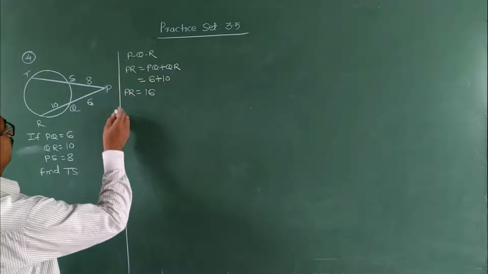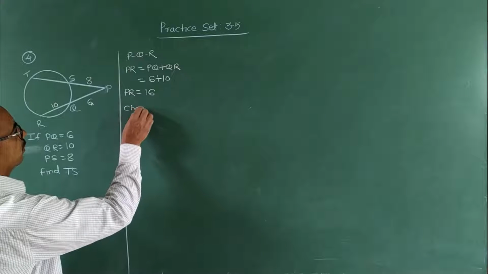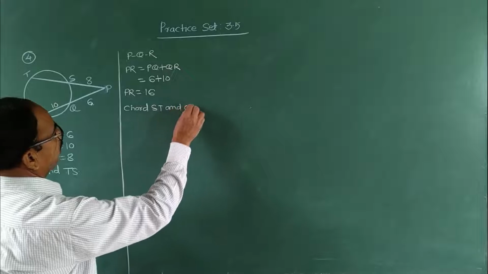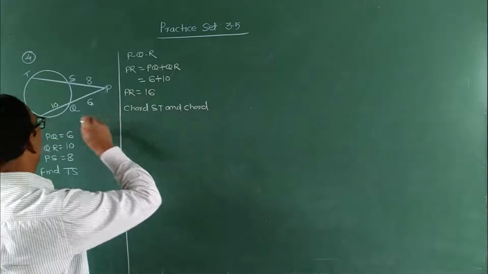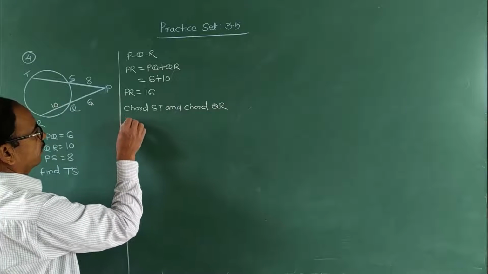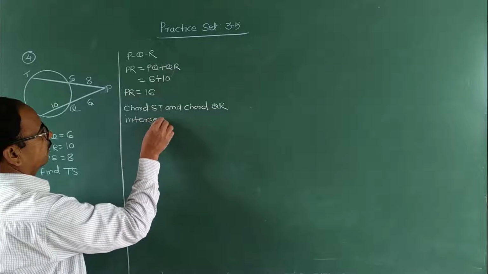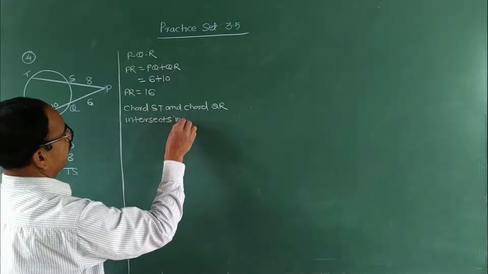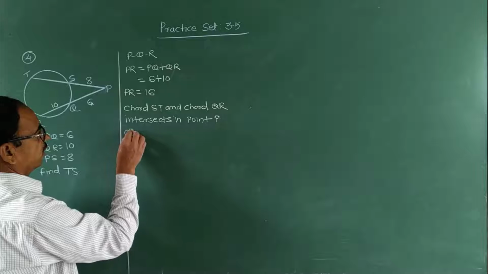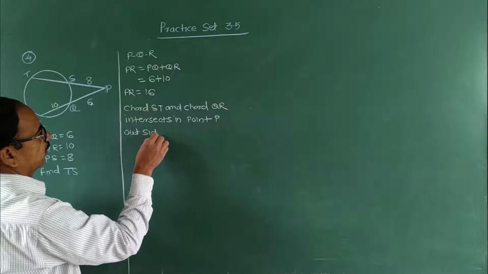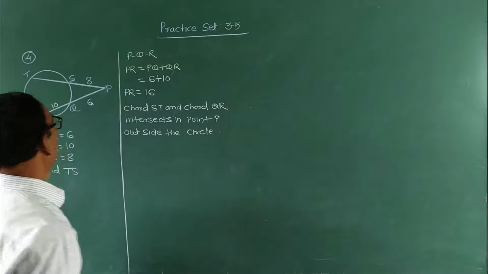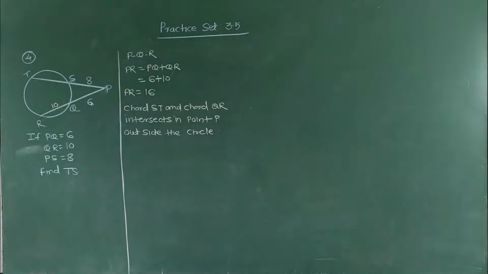Here we can write chord ST and chord QR intersect at point P outside the circle. So we can use the theorem.